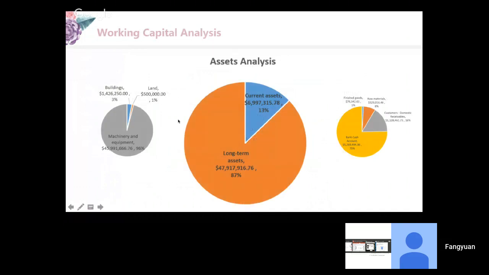Talking about working capital analysis, this chart combines a total of 18 rounds of simulation. We have invested in long-term assets more than 47 million, which accounts for 87% of total assets.